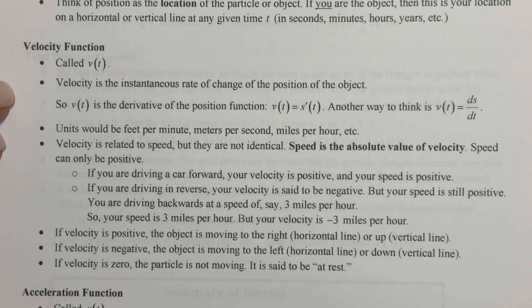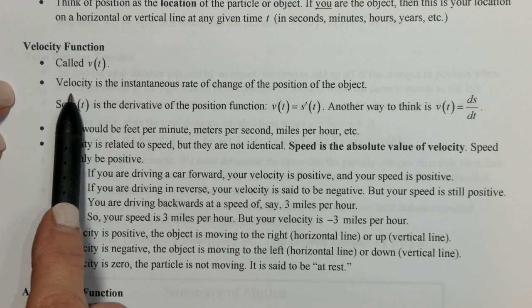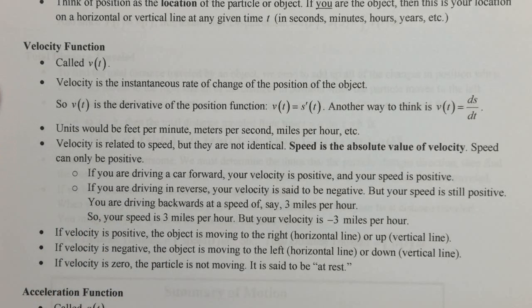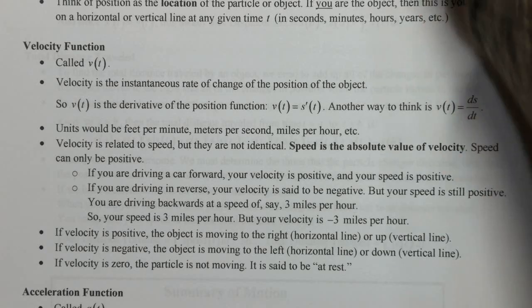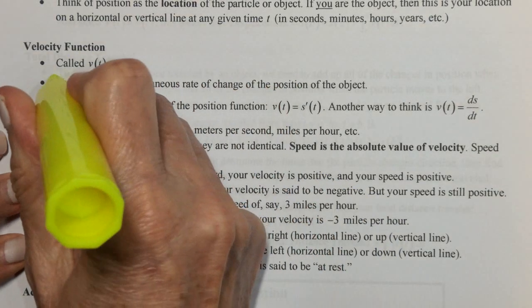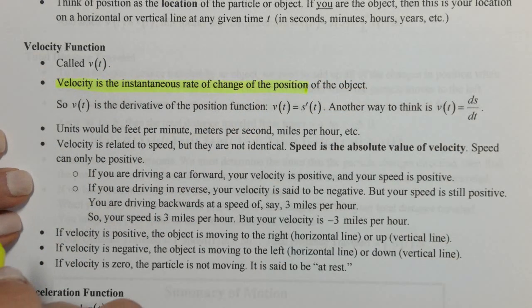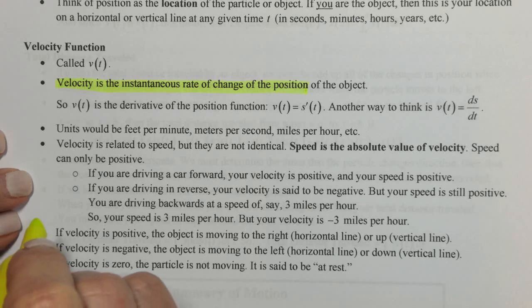Next up, the velocity function. We call that V of t. Velocity is the instantaneous rate of change of position. That means that velocity is the derivative of position.